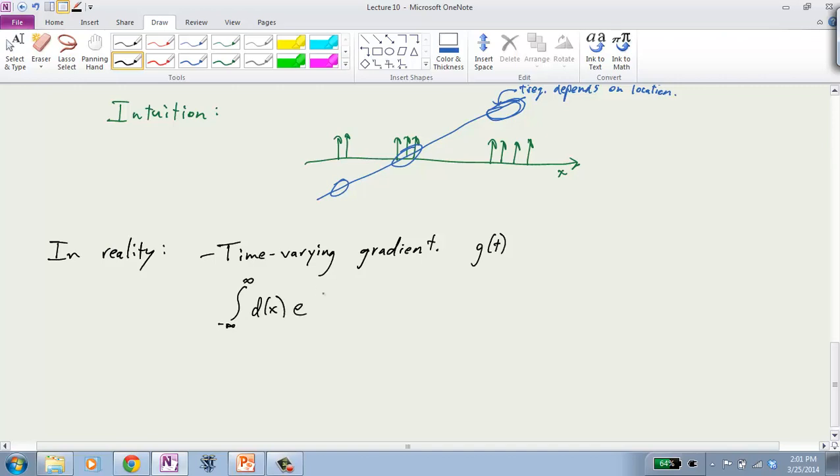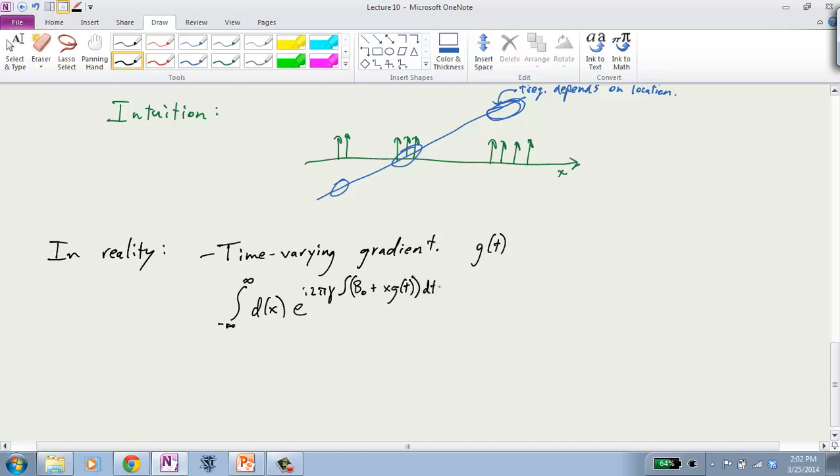But instead of the formula we had before, this just becomes an integral. Gamma is the proportional constant for the Larmor rate. An integral over time of B naught plus x g of t. The gradient is a function of time. You integrate this with respect to time.